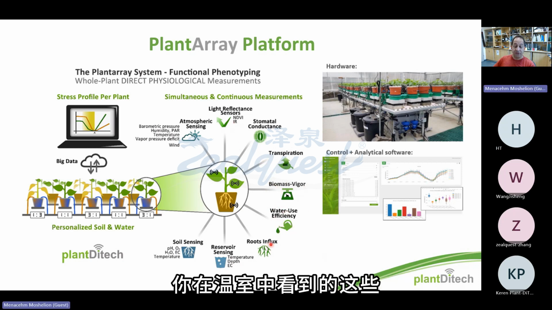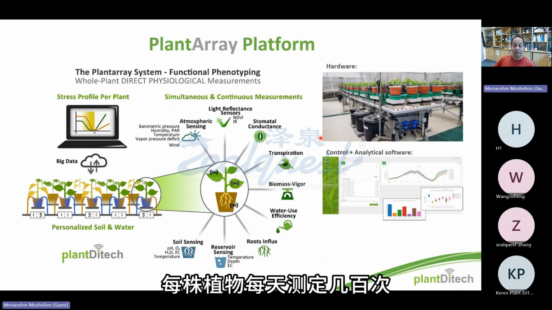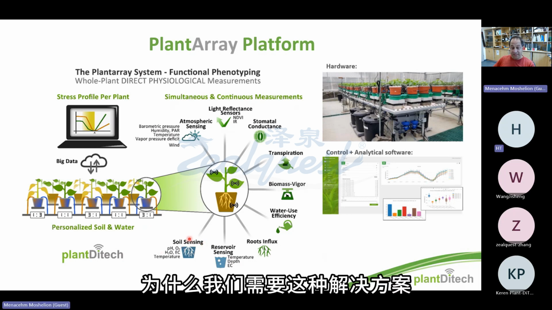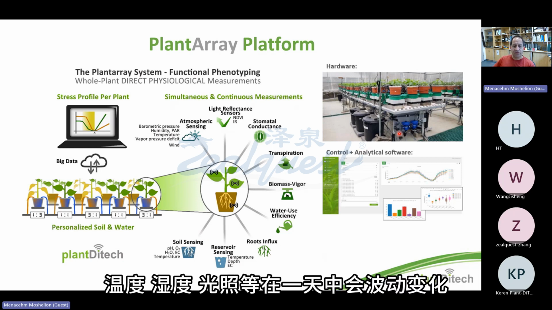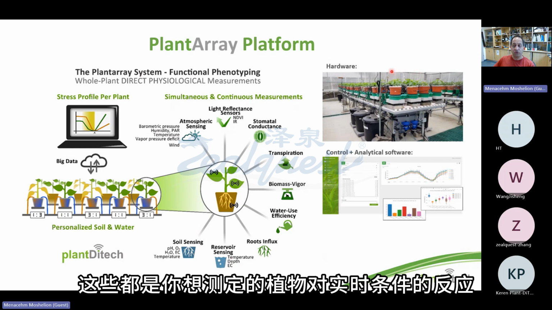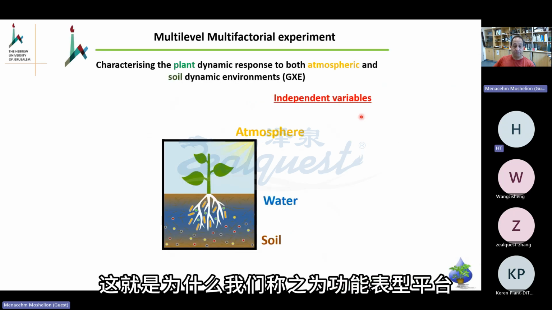Everything you see here in green is a physiological measurement that the system can measure simultaneously and continuously for all the plants in the greenhouse, a few hundred times per plant per day. Why do we need this resolution? Because if you work in a non-controlled greenhouse, you have constant changes of temperature, humidity, light, and so on, and you want to measure the plant's response to real-life conditions. This is why we call it functional phenotyping.